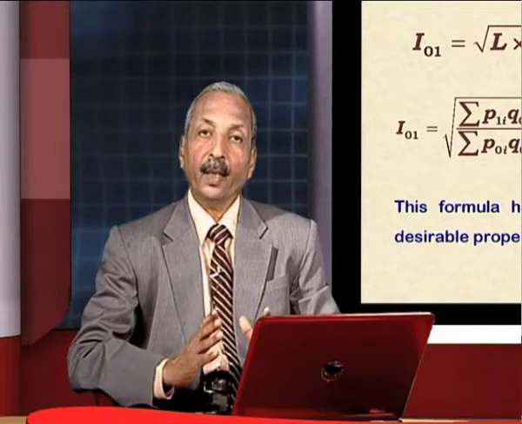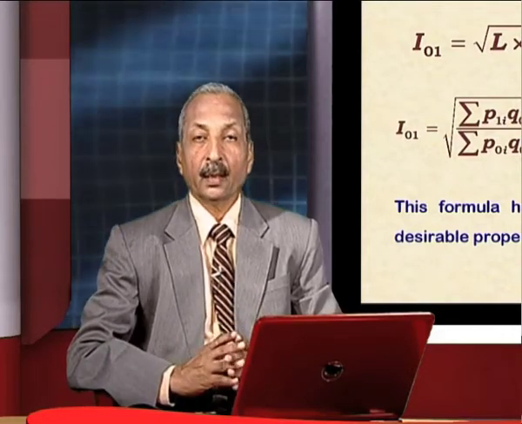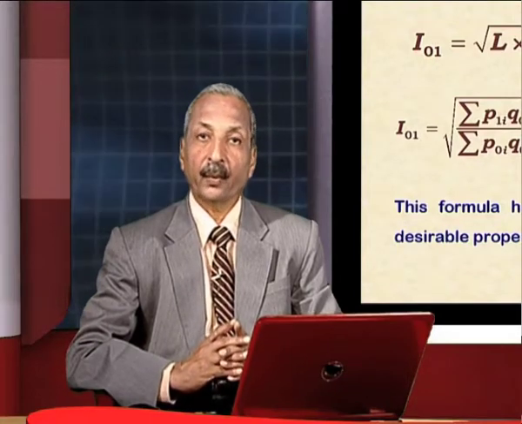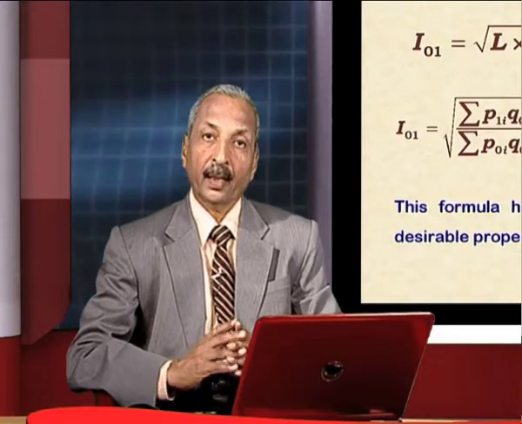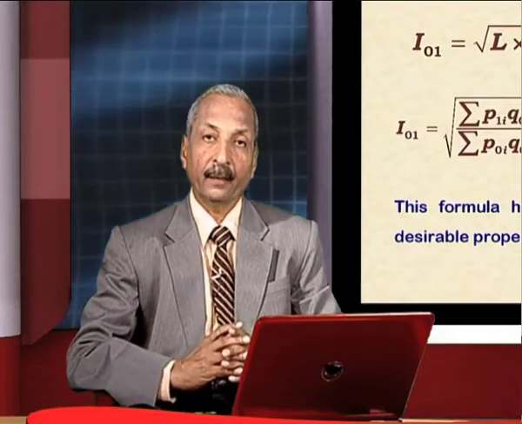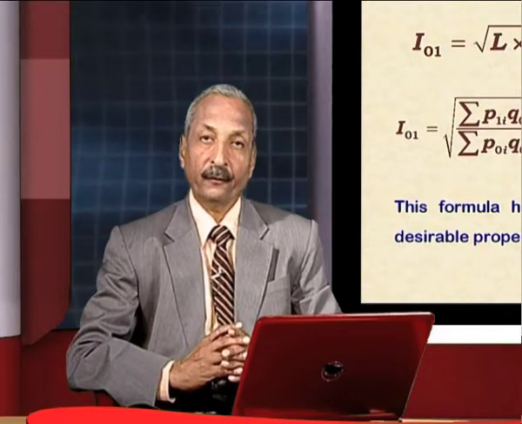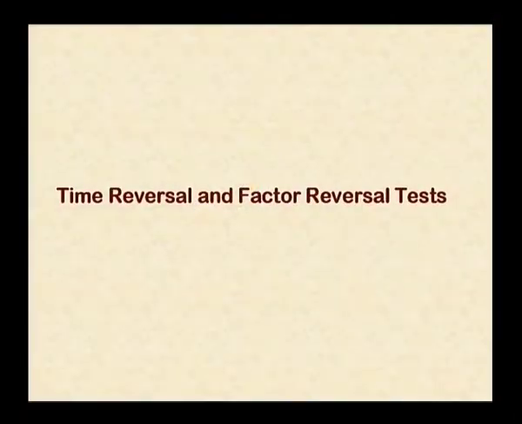Now, we have a number of index numbers by different authors. Now, the question arises which index number is more appropriate to use, and for that certain criteria have been given in the literature, and two of the most important criteria are the time reversal test and the factor reversal test.